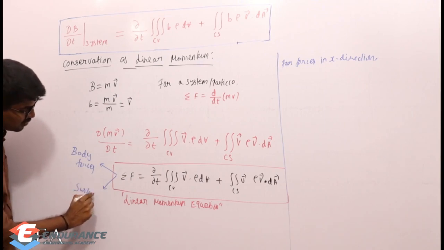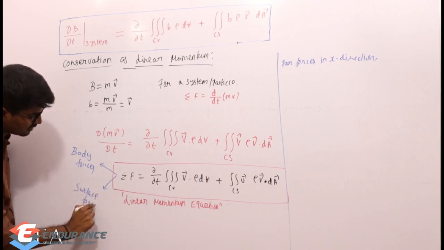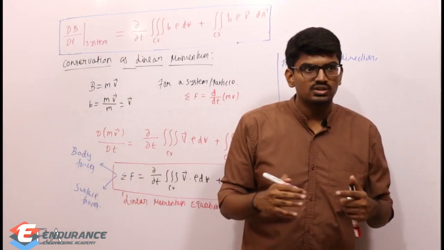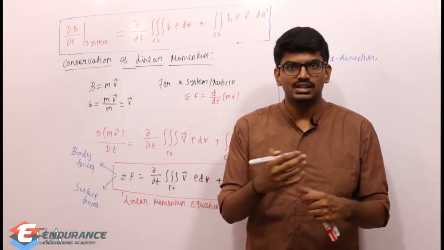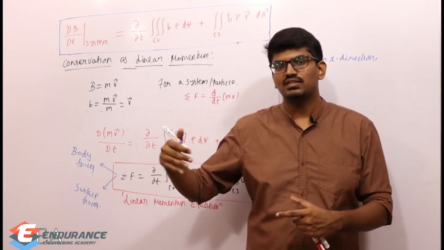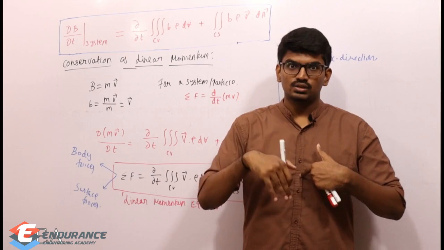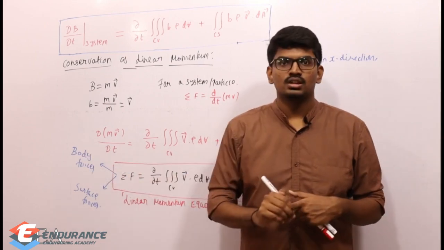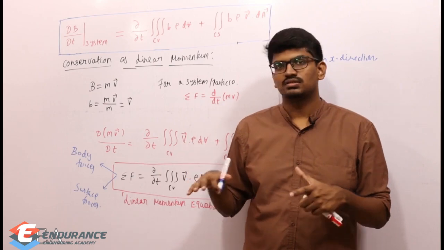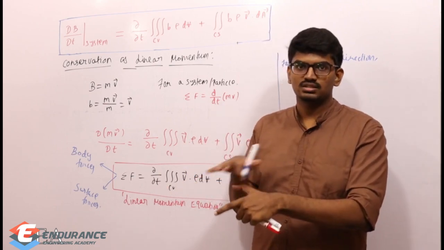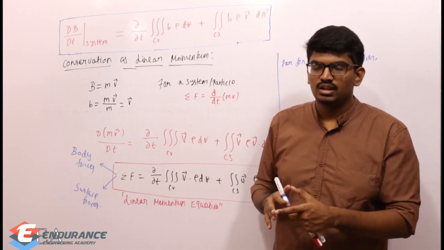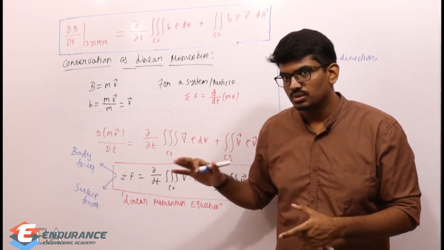What is meant by body forces and surface forces? First of all, body forces are the forces due to some field, for example the gravitational field. Due to gravity, the weight of the body is a body force, or due to a magnetic field. But majorly in our studies of fluid mechanics, we will be mostly dealing with the gravity force, that is nothing but weight. So body force most of the time is going to be weight only.